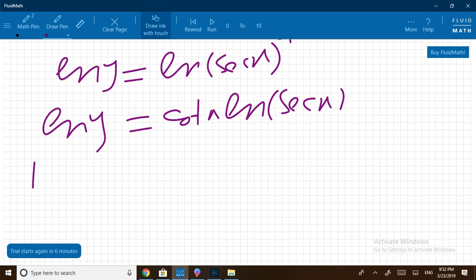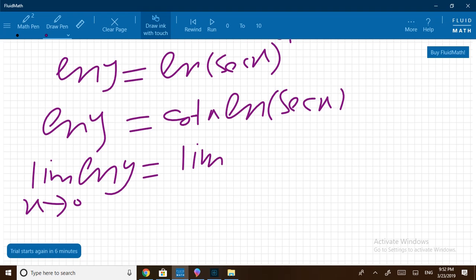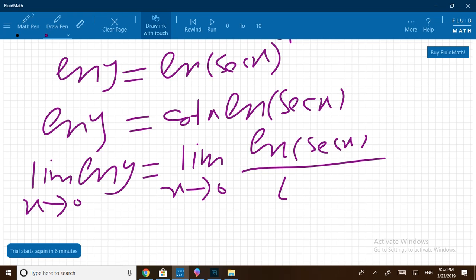So our limit is x approaches 0, natural log of y is equal to the limit as x approaches 0, and we can write it as natural log of secant x, and cot x will be tan x in the denominator.